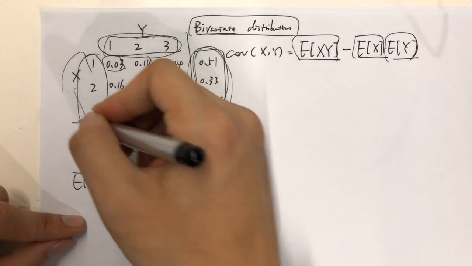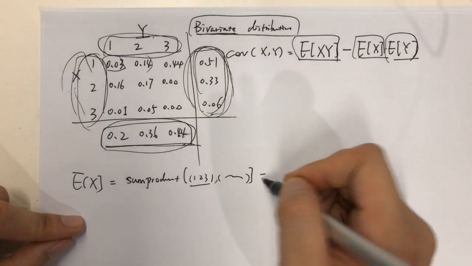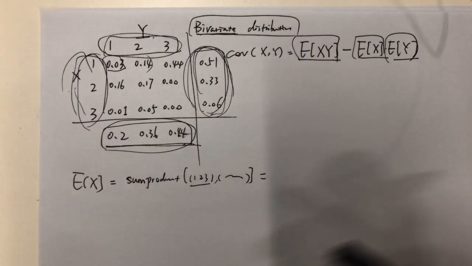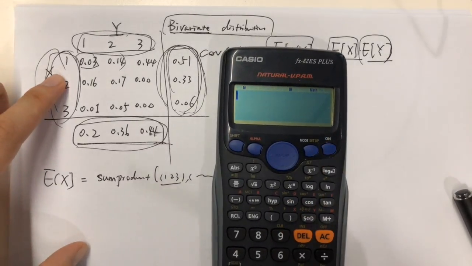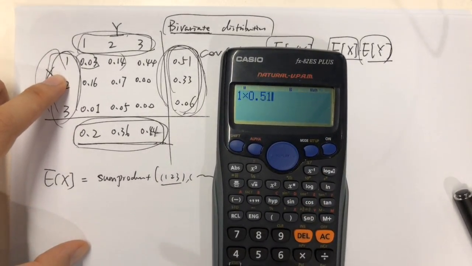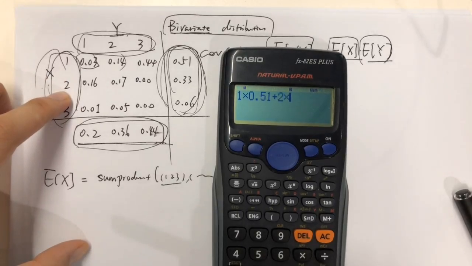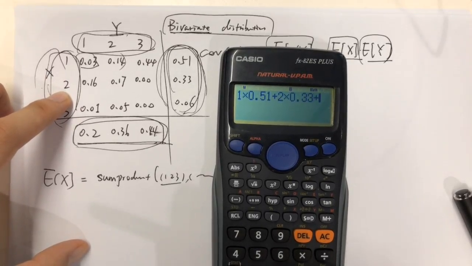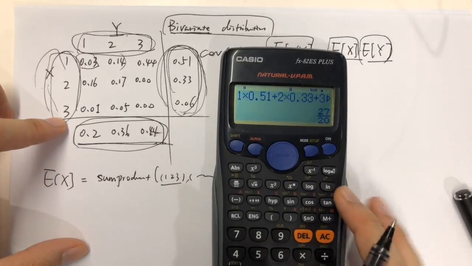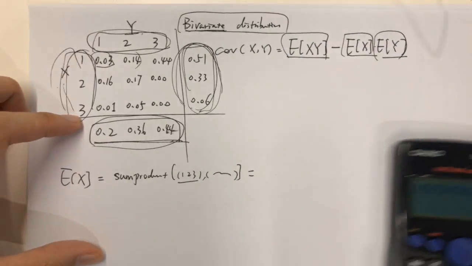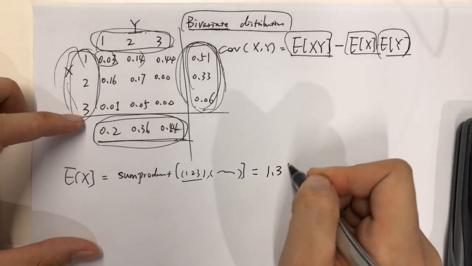So you can just select this column and get E[X]. Or you calculate it using your calculator as well. So it is 1 times 0.51 plus 2 times 0.33 plus 3 times 0.06. What is it? 1.35. So E[X] now is 1.35.